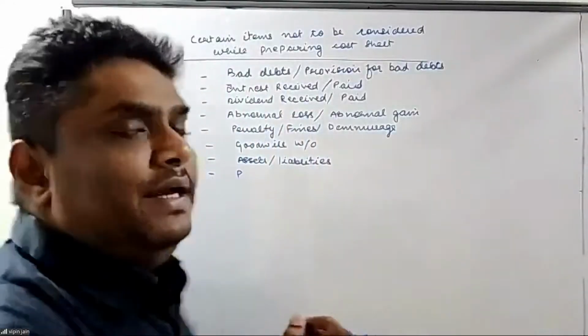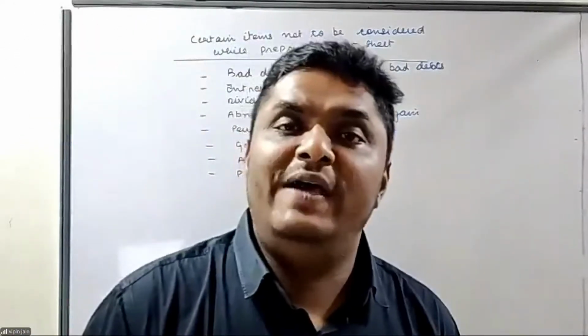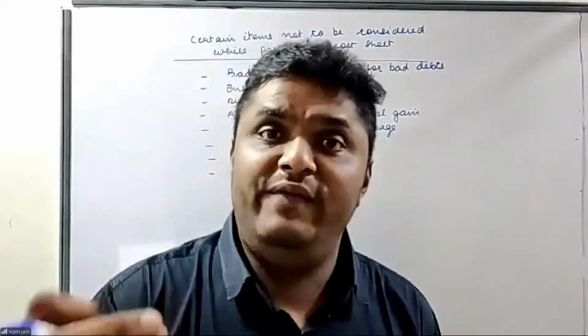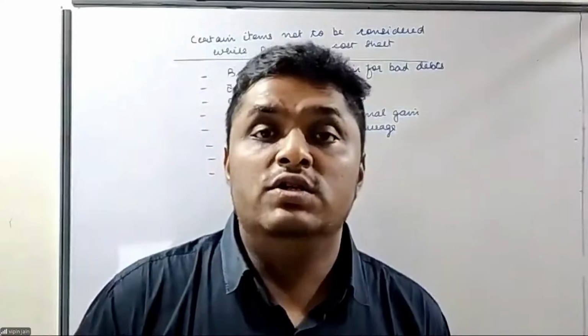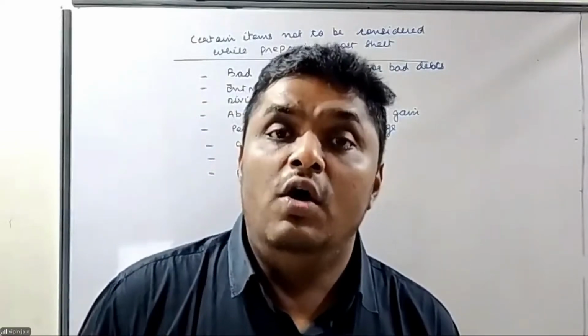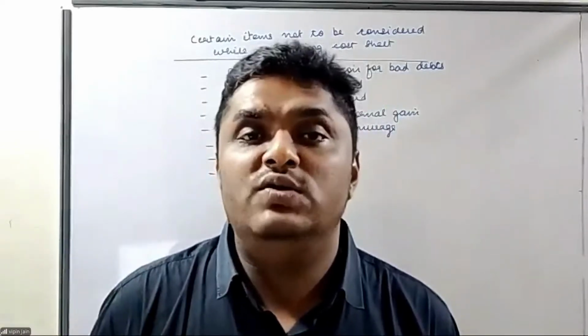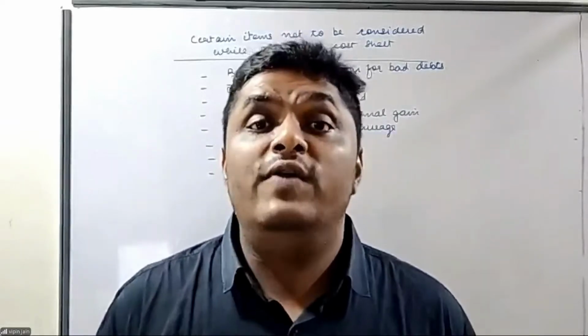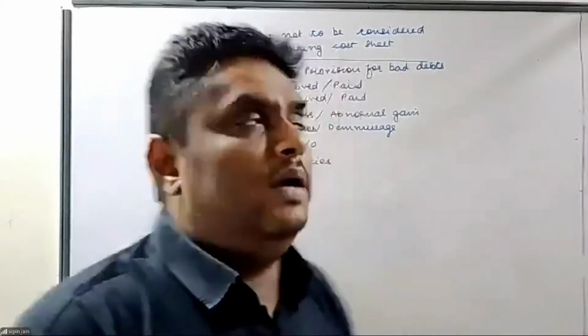Acha, let's say it is given that an asset of rupees 5 lakh was sold for 4,50,000. So there is a loss on sale of assets, or there is a loss on sale of investments also. So any sort of profit or loss on sale of assets or investment will never form part of cost sheet.